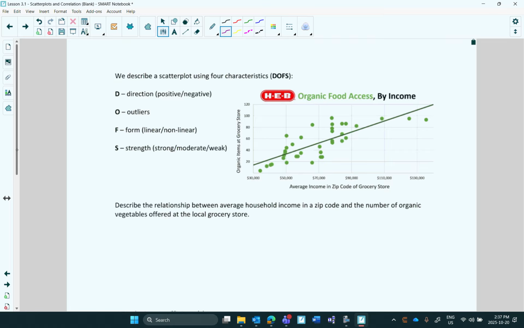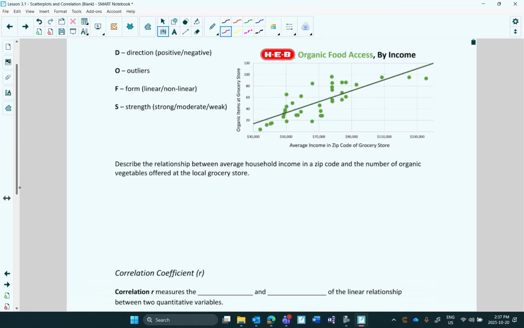Is it negative? Are there any outliers? The form in DOFS represents whether it's curved or straight. Most of the ones we're going to deal with will be straight or linear. And then finally, the strength. Right now you don't know much about the strength because we're only sort of guessing at it.